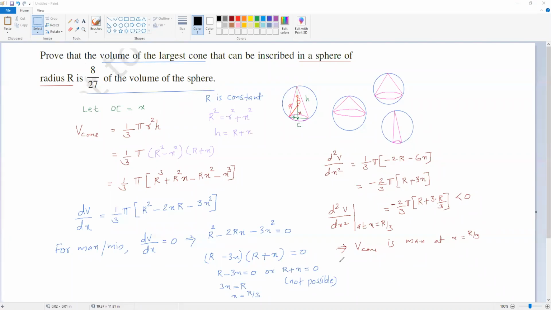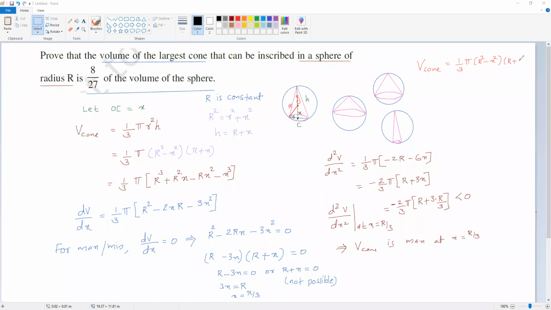We proved that. Now, we have to prove that at that time the maximum volume is 8 by 27 of the volume of the sphere. So therefore, we have to find the volume of the cone, which is equal to 1 by 3 pi, we saw it earlier, r square minus x square into r plus x.